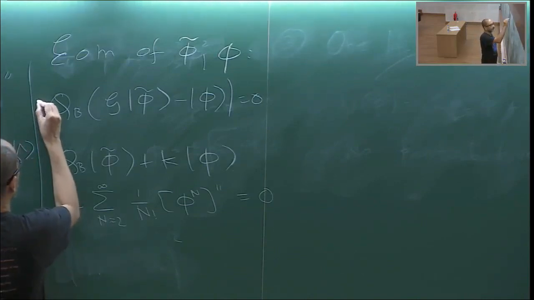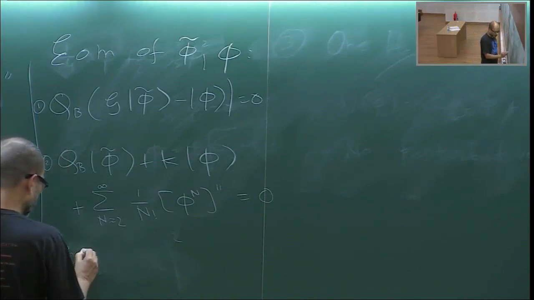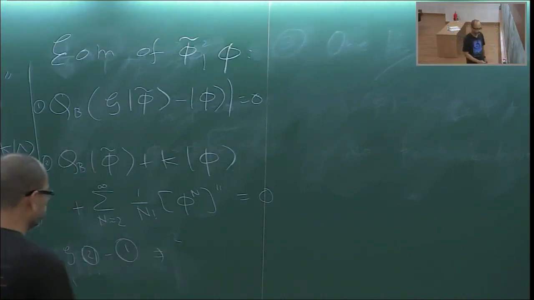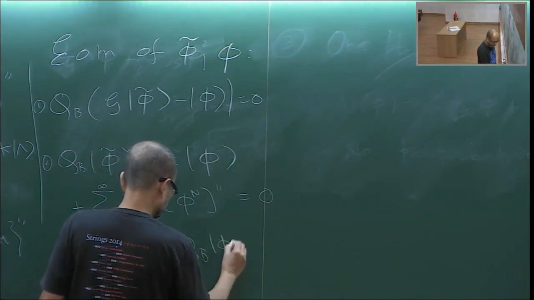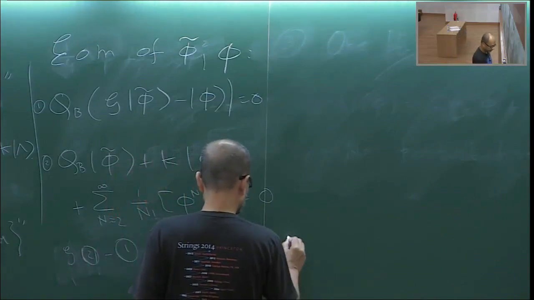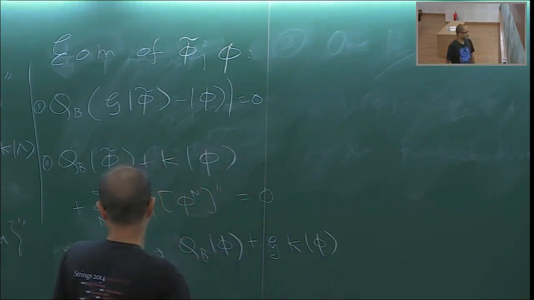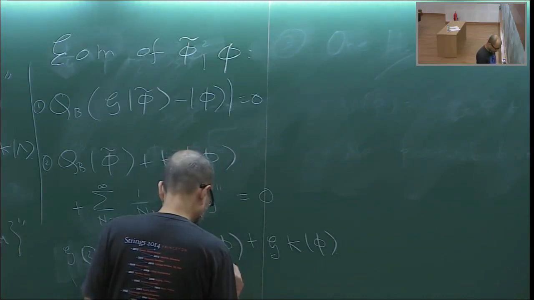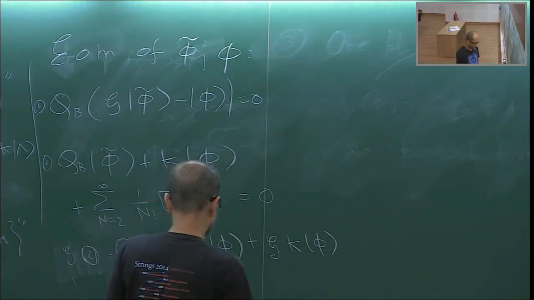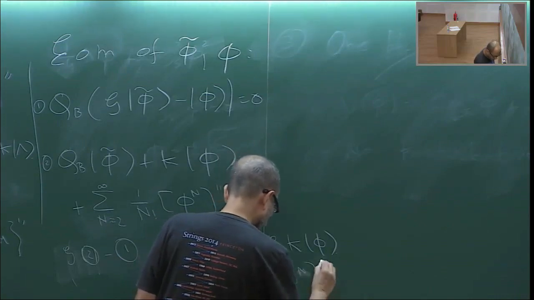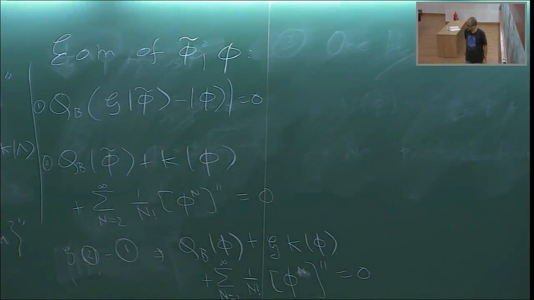Okay, so if we call this 1 and 2, then g acting on 2 minus 1 gives you the equation QB phi plus G K phi plus... Okay.